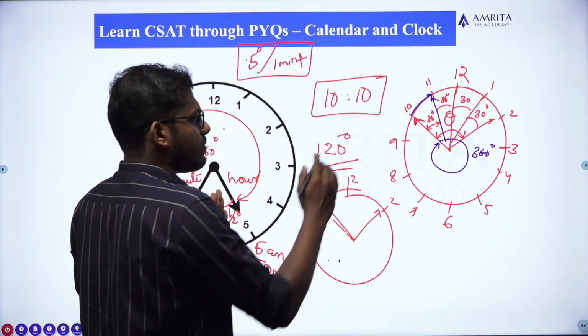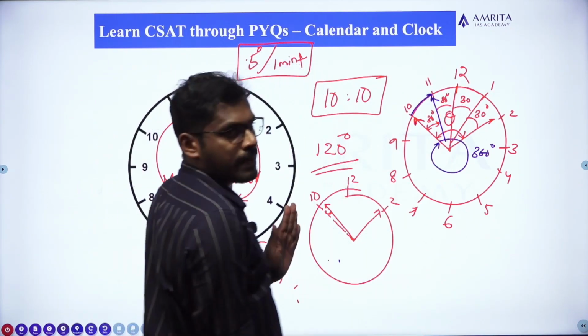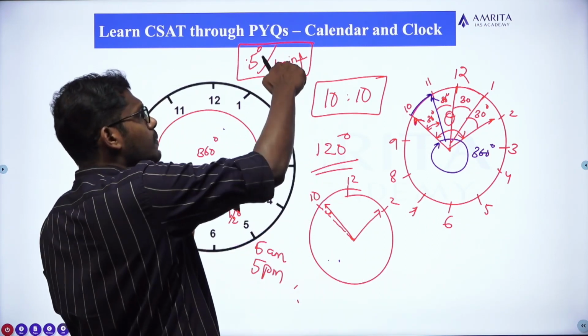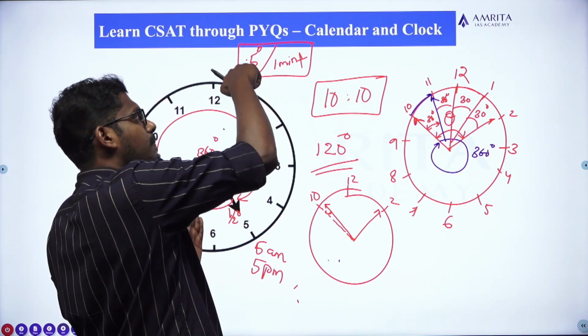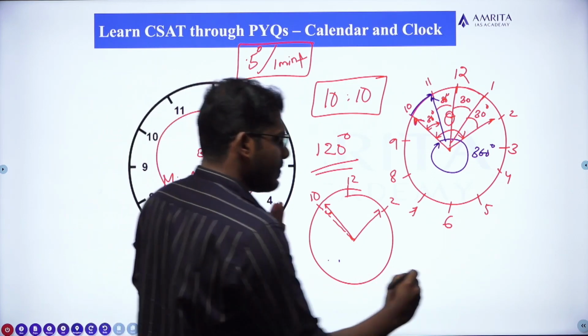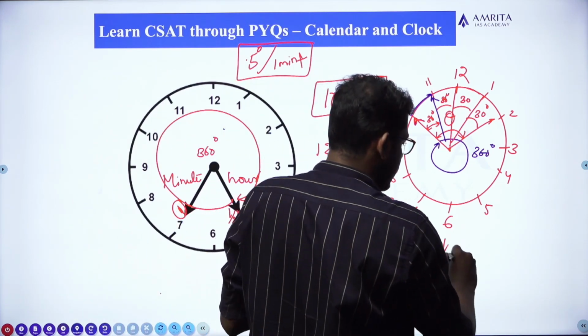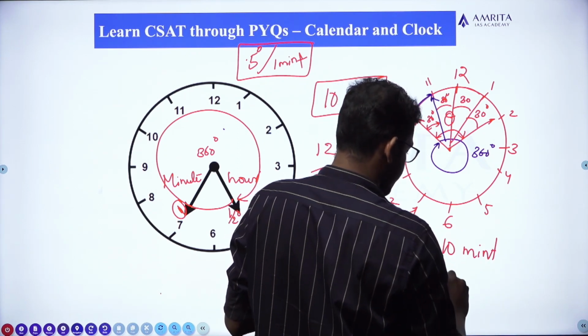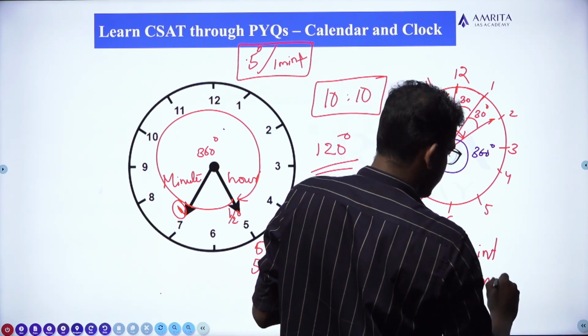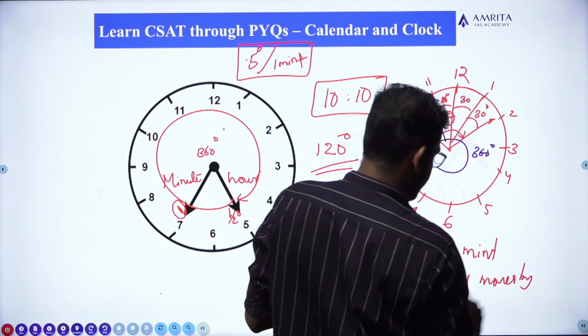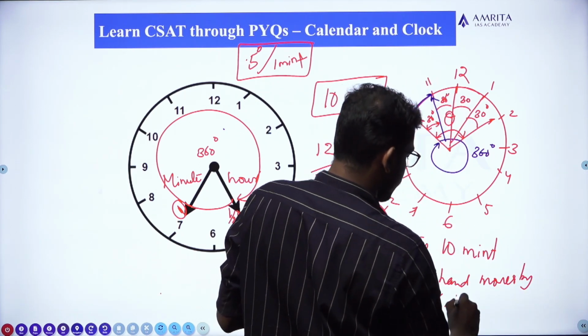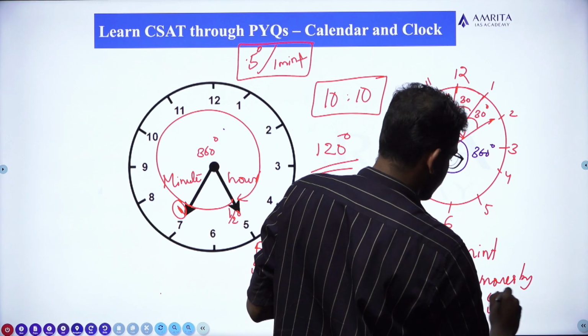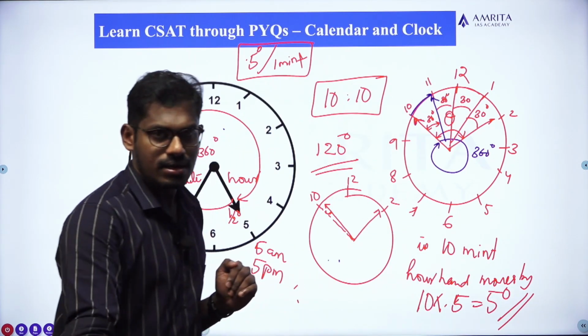Here the minute hand has moved 10 minutes. If in 1 minute the hour hand makes an angle of 0.5 degree, we can say that in 10 minutes, the hour hand moves by what? 10 into 0.5, that is 5 degree. Clear?